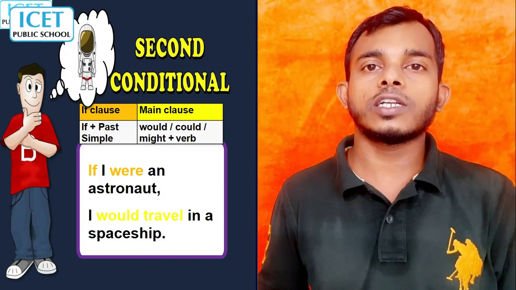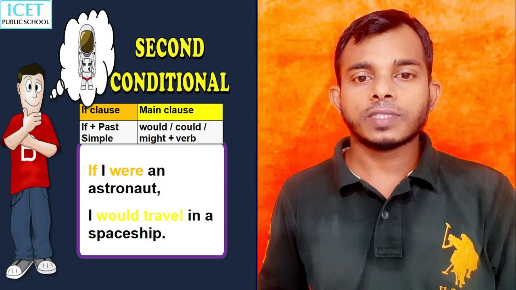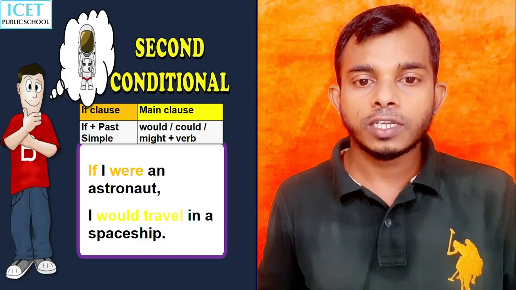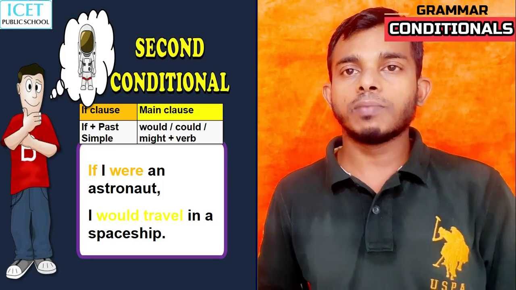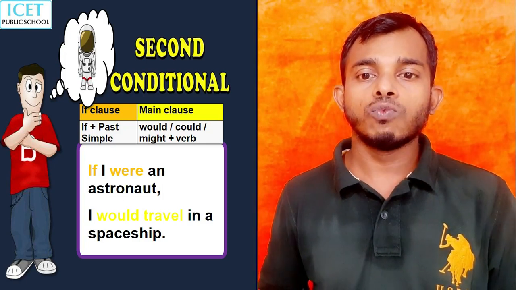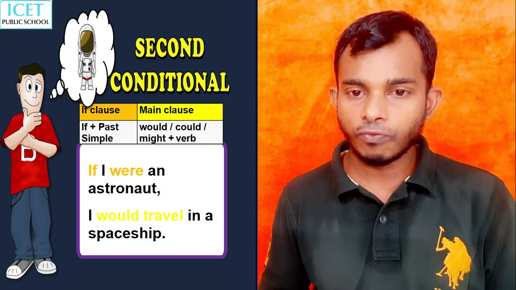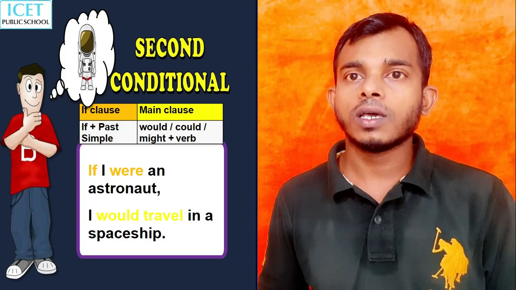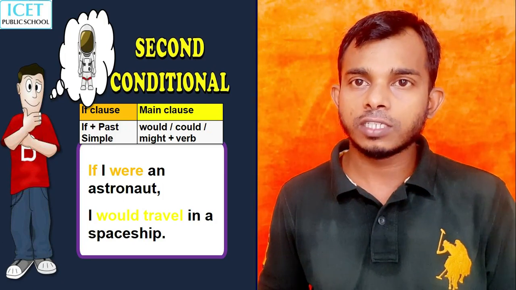The third type of conditional sentence is the second conditional. This is different and important. The if clause will be written as if plus simple past form, and then the main clause will be written with would, could, or might, plus verb. Will changes into would, shall into should, can into could, may into might.